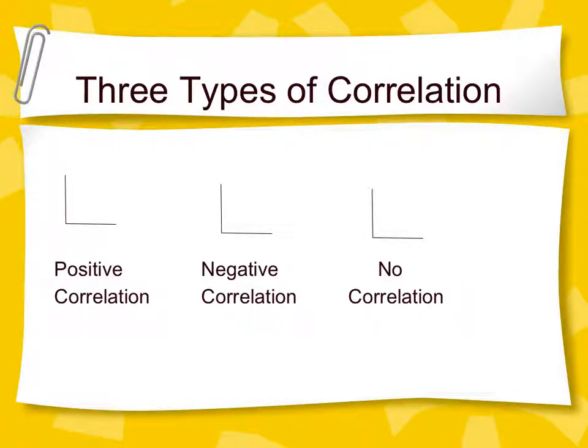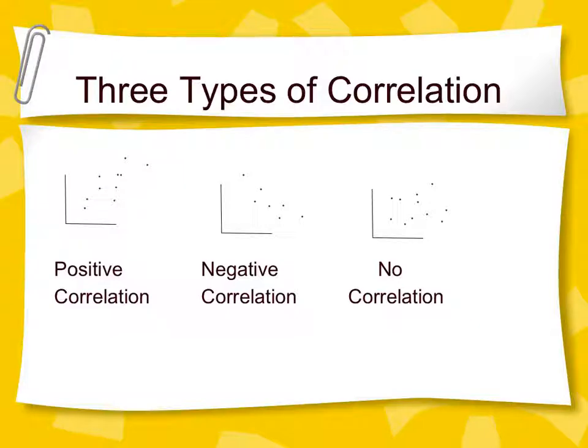With correlation in particular, you want to think about your trend. So as your data goes up or down, what is the trend? Is it a positive correlation, which would refer to a positive trend, or a negative correlation, which would refer to a negative trend or negative slope?